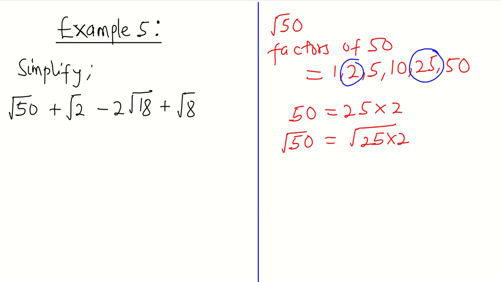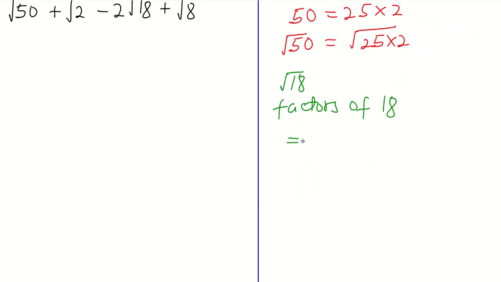And we come and focus on square root of 18. Now, in reducing that, you have to consider the factors of 18. And the factors of 18 are 1, 2, 3, 6, 9, and 18 itself. Now we ask ourselves, among the factors, which one is a perfect square?